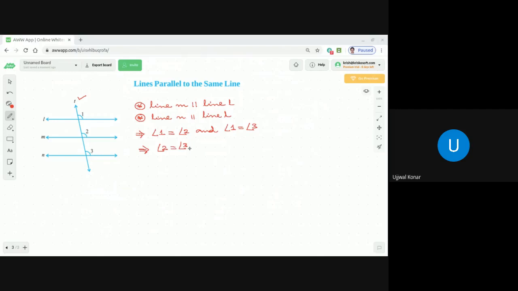But angle 2 and angle 3 are corresponding angles and they are equal.